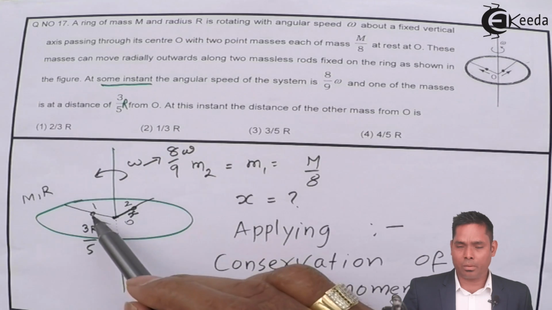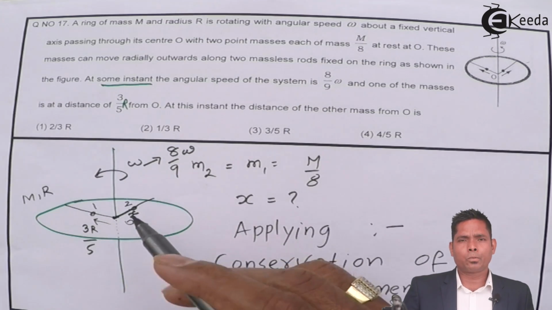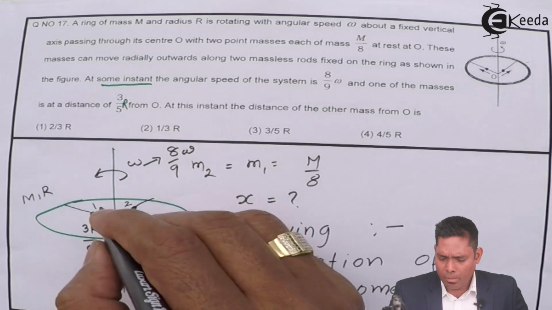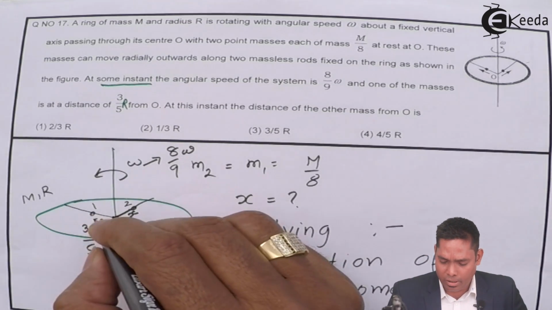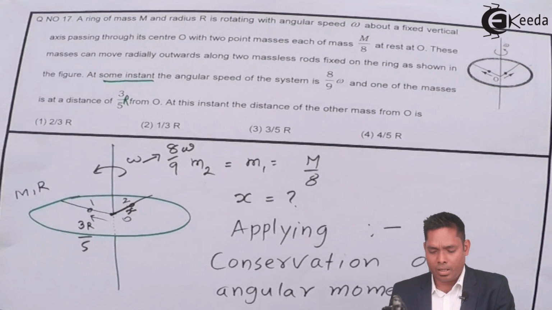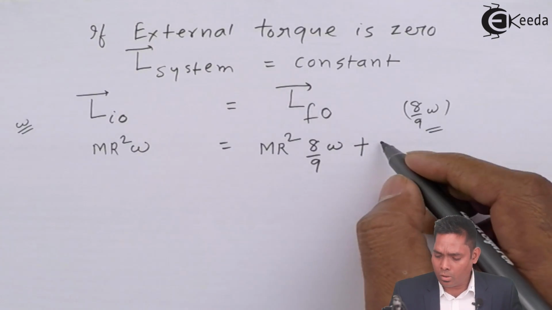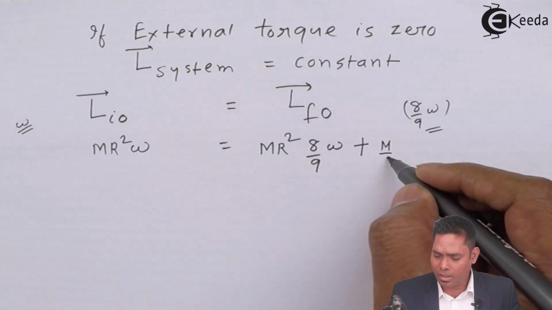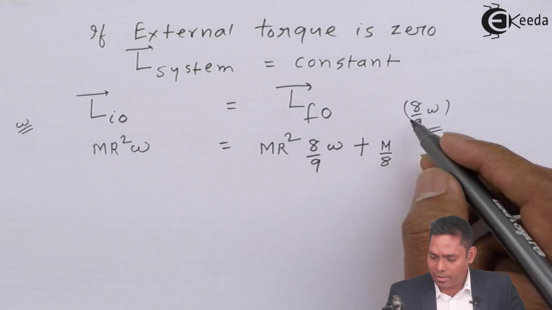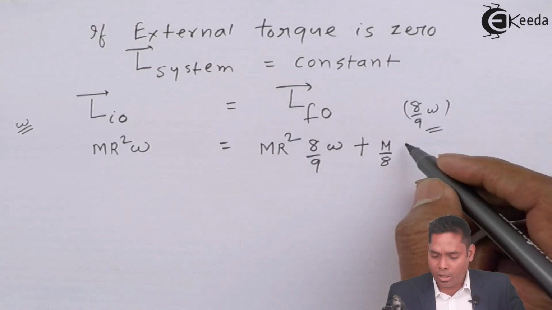The formula for the moment of inertia of a particle is mr square, but here the distance squared is (3r by 5) square. The mass of the particle is m over 8, so m over 8 times (3r by 5) square.